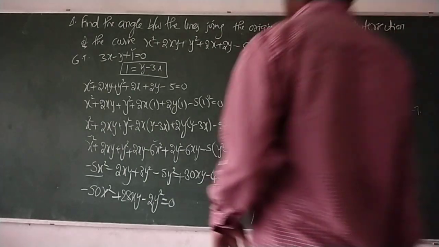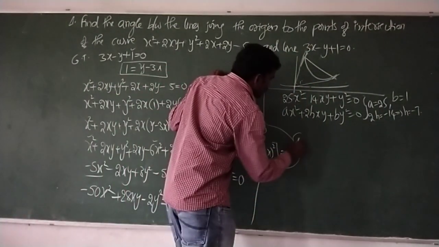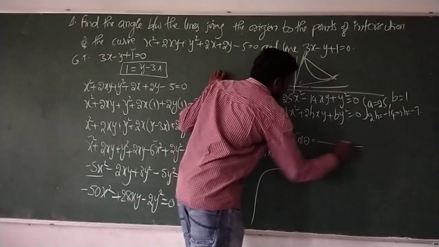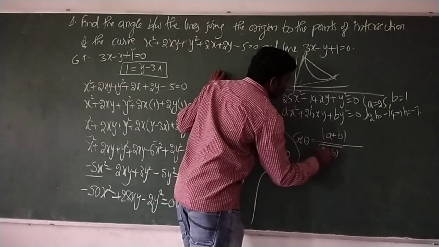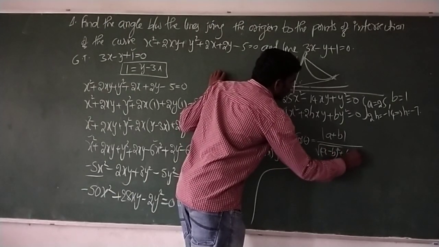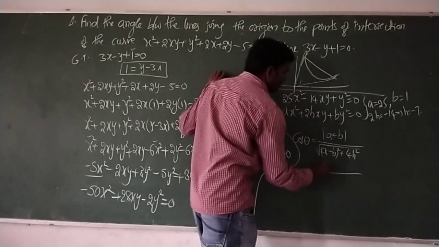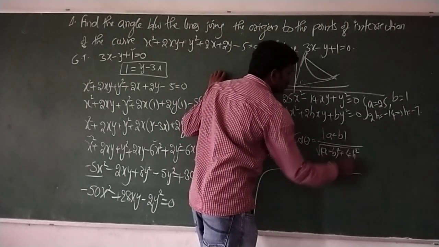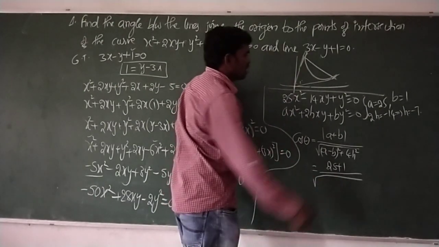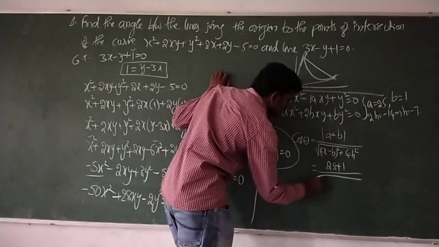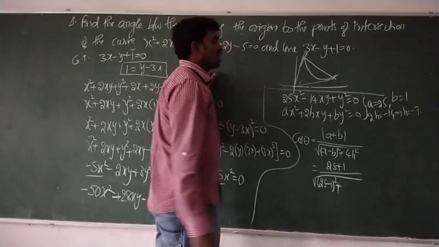Okay. So now what we have to find is the angle. What is the angle formula? That is the cos theta formula you can use: modulus of a plus b by root of (a minus b) whole square plus 4h square. So cos theta equal to a means what? 25 plus b means what? 1, by root of (a minus b) whole square. a minus b means 25 minus 1, 25 minus 1 whole square plus 4h square.